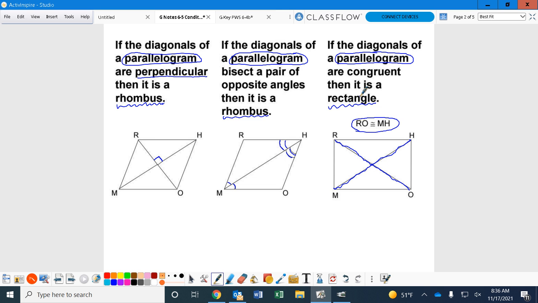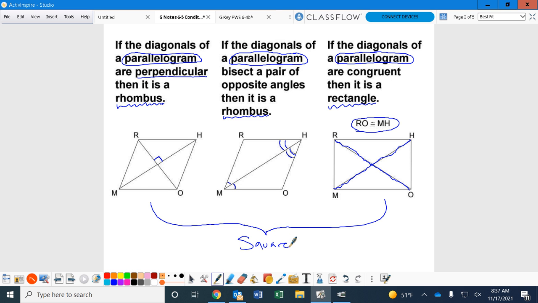So far we've got 2 tests for a rhombus, 1 test for a rectangle. We also have one for a square, guys, because a square is just a rhombus and a rectangle combined. So if you see these 2 things together, then you are going to be talking about a square.